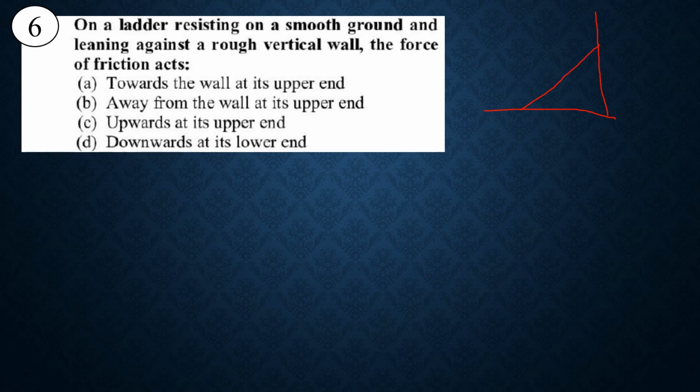If this ground surface is smooth and this wall is rough, then this ladder slips in this direction, and along the wall it slips in the downward direction. So to resist that slipping of this ladder, there needs to be a force of friction which is upward at its upper end. So the force of friction is like this, upward at its upper end, for this condition.